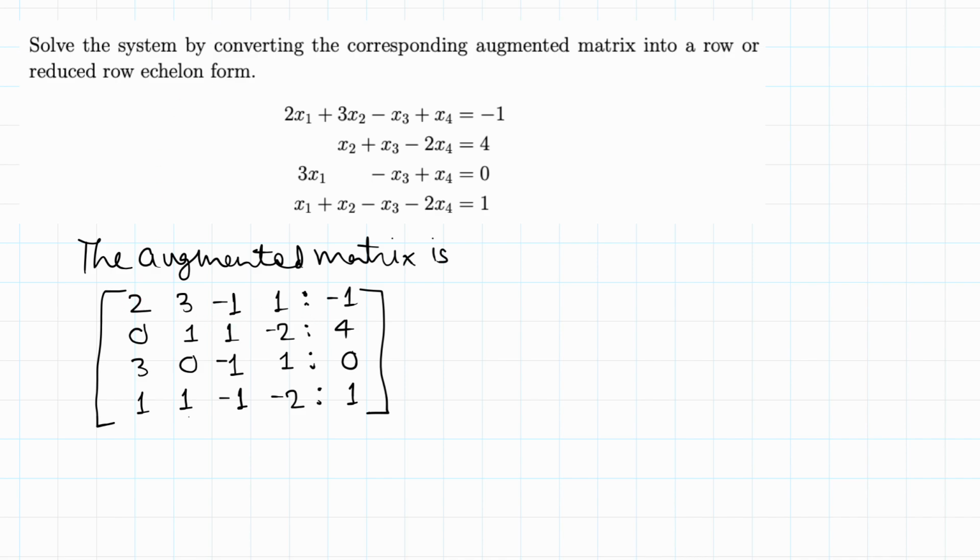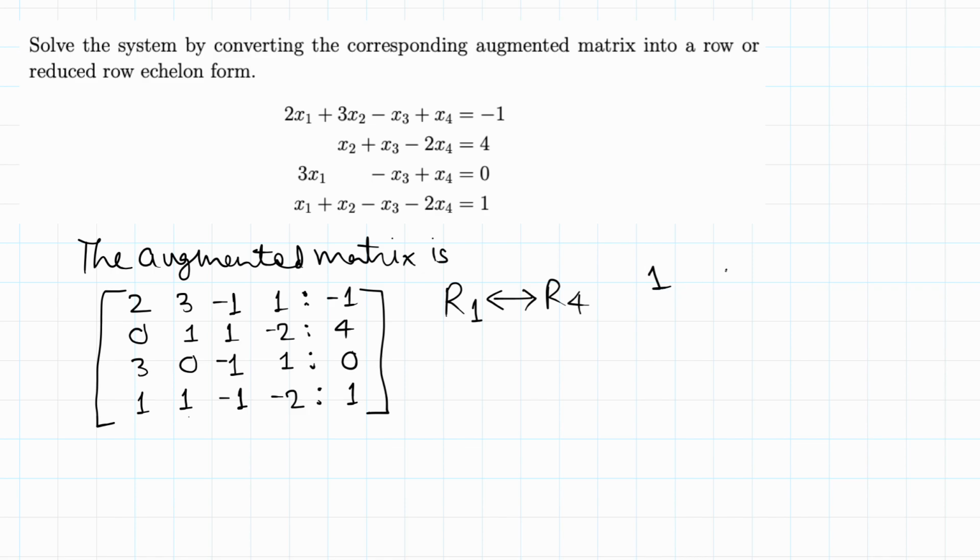Okay. So here is 2. Look at the fourth row. We got 1 there, right? So let's interchange row 1 and row 4. So from here we are interchanging R1 and R4. So row 1 goes to the fourth and this one comes to the front.